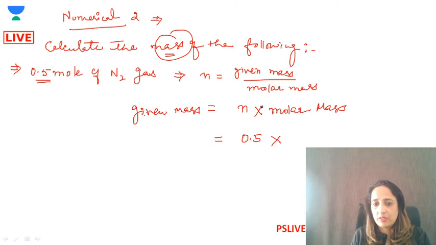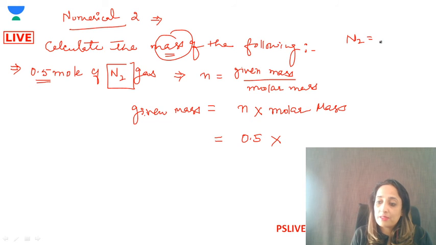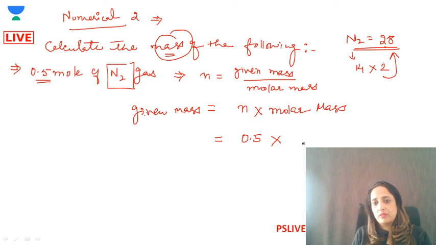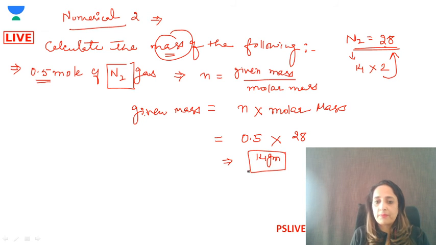Molar mass of N2, we know that because it says N2 gas. How much is that? 28, because one nitrogen is 14, there are two of them, so 28. 0.5 into 28. When you solve this, it will be 14 grams. That will be the given mass of N2 gas.